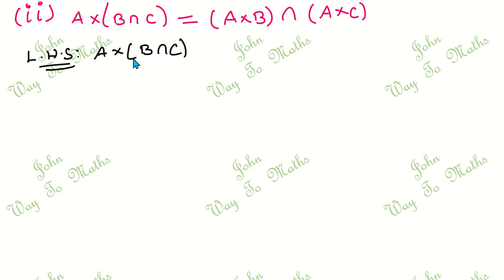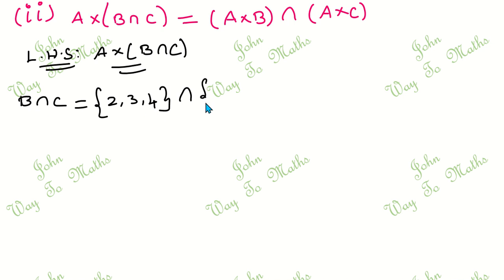A cross (B intersection C): first I am going to find B intersection C. B set is {2, 3, 4}, intersection C set {3, 5}. Here the common term is only 3. So 3 is the B intersection C.